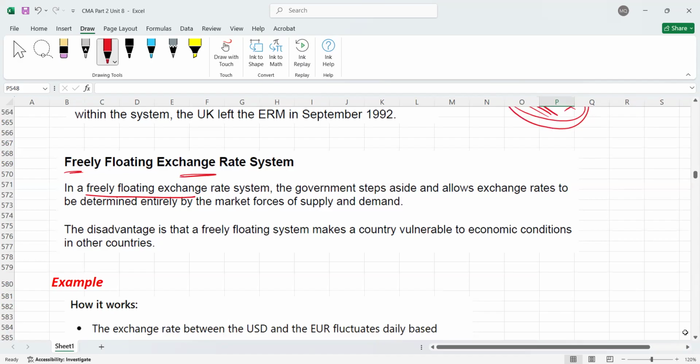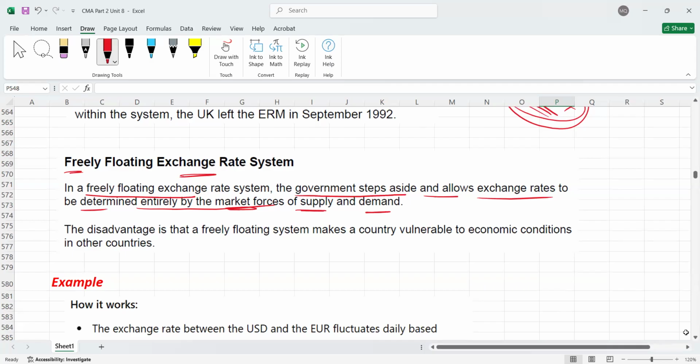The government steps aside and allows exchange rates to be determined entirely by market forces, meaning supply and demand of currencies. For example, if you are living in India and you have to make payments in dollars, you need to buy dollars, so dollar demand is created, right?